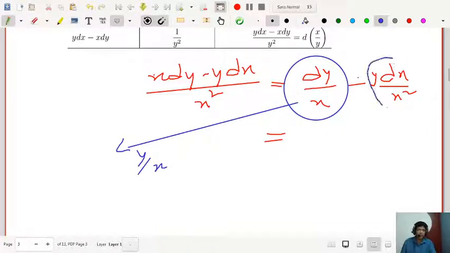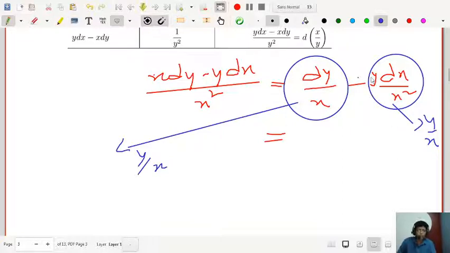And if you integrate the second term with the minus sign, y is constant, but you are integrating dx by x square, so it will be plus y times 1 by x. So ultimately it will give you y by x. Got it? One second, let me repeat. You have to integrate with the minus sign.